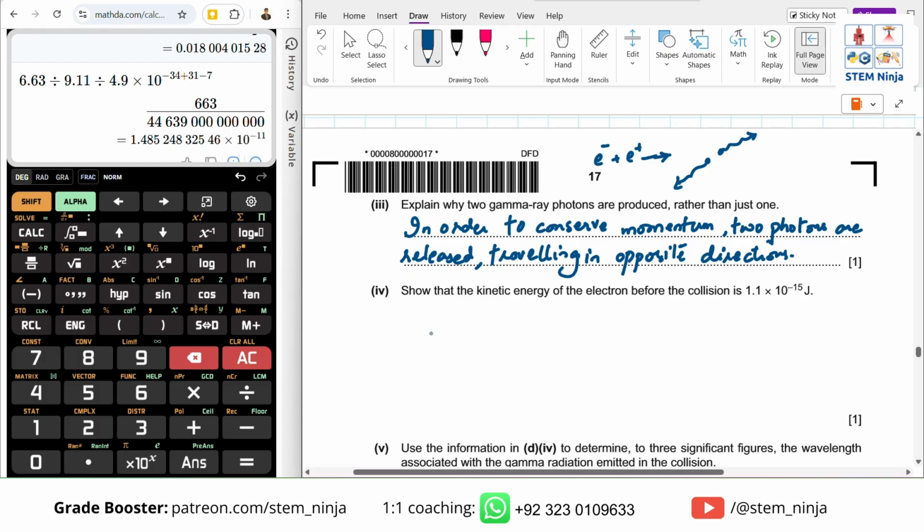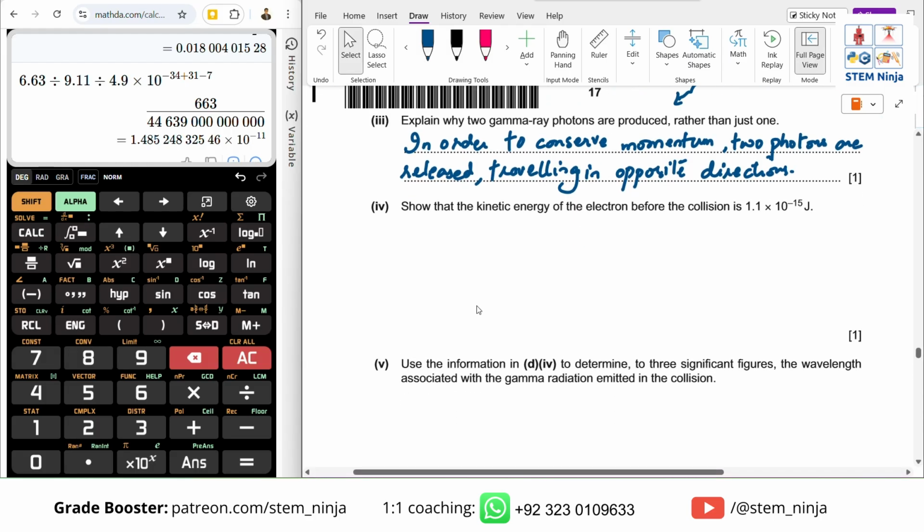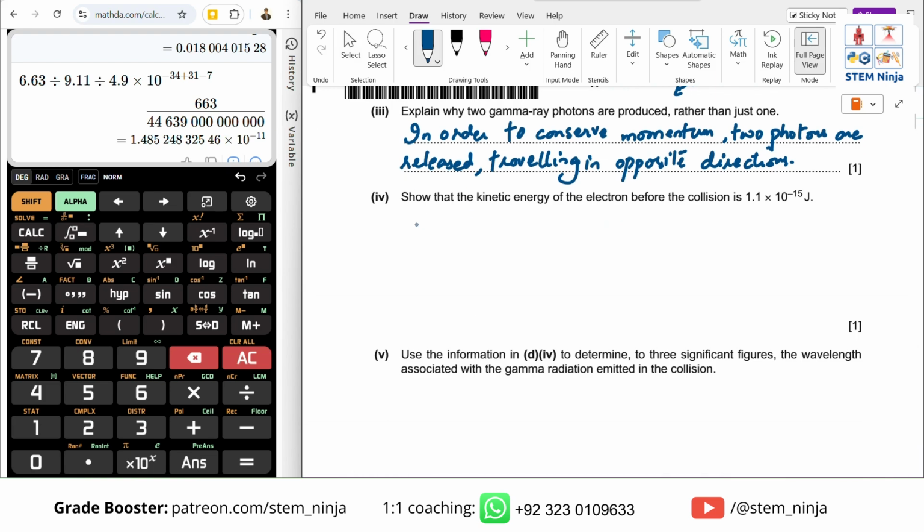Okay, show that the kinetic energy of the electron before the collision is this. Kinetic energy is simply half mv squared. If we had the momentum, we could use p squared over 2m also. So half times mass, 9.11 × 10^-31 kilograms, and velocity 4.9 × 10^7 whole squared.